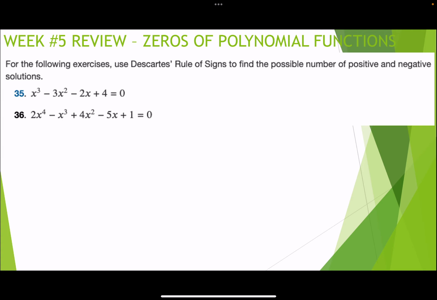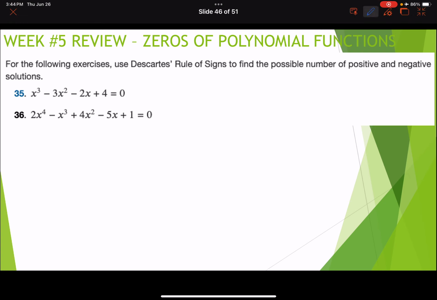Okay? Just really quickly, let's review Descartes' rule of signs. So I could do 36. So Descartes' rule of signs, you look for sign changes first. So there's one, there's one, there's one, there's one. So 4 sign changes, so that means that for positive roots, we would have 4, 2, or 0. And then for the negative ones, remember we put in negatives for the x.